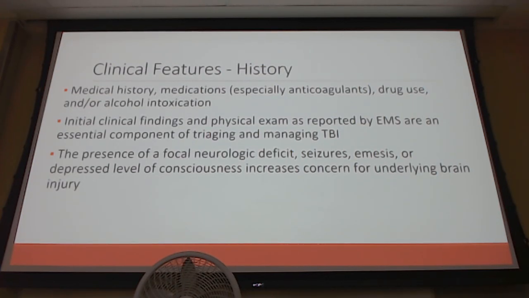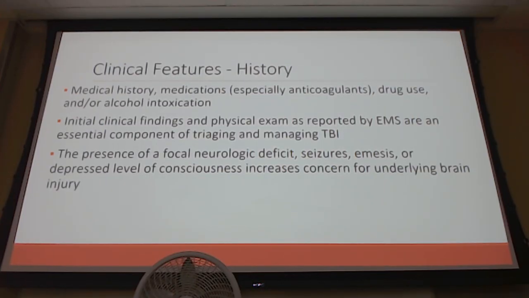Medical history is important, especially anticoagulants. That's something we want to know. And we all want to think trauma's super sexy and all this cool stuff, everybody's getting shot, stabbed, and all these motor vehicle accidents. But like 50% of the time, it's an old person who fell. An elderly patient, they fell, they hit their head, they're on anticoagulants. I think that's about half the trauma patients we see on a normal day.